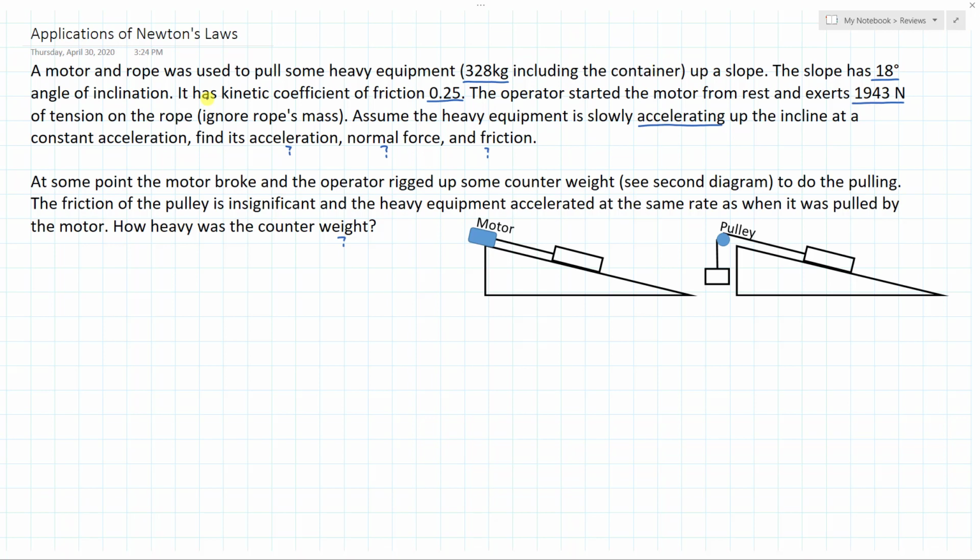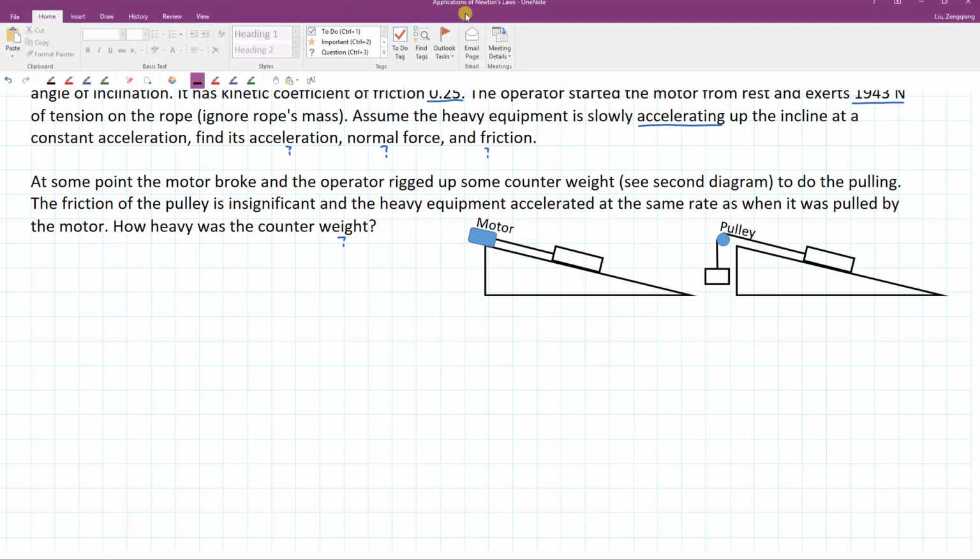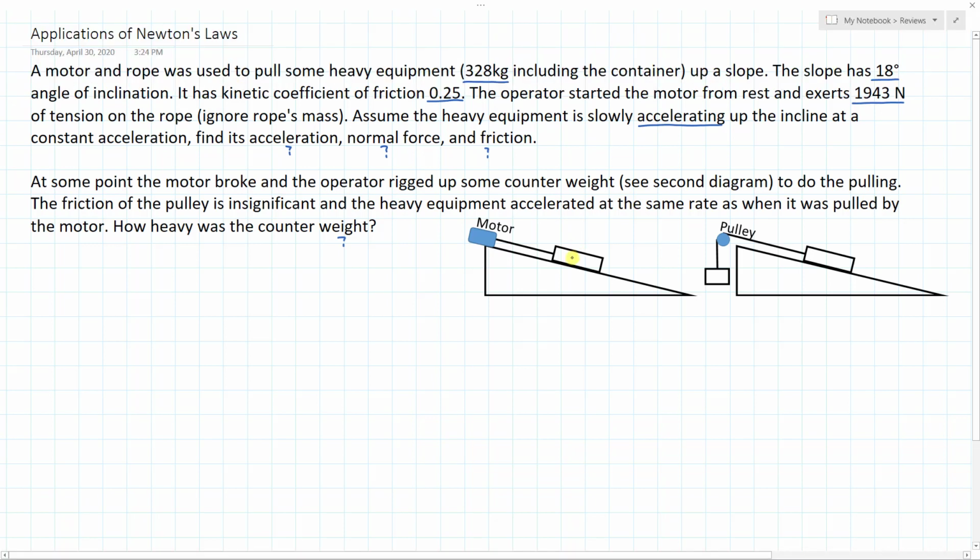We'll draw a free body diagram. Let's try to draw this right on the body. So we have gravity pulling down, so Fg or W, depending on your notation, and there's also normal force from the inclined plane pushing the heavy equipment away.